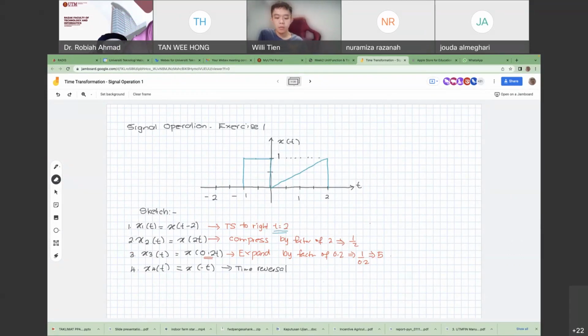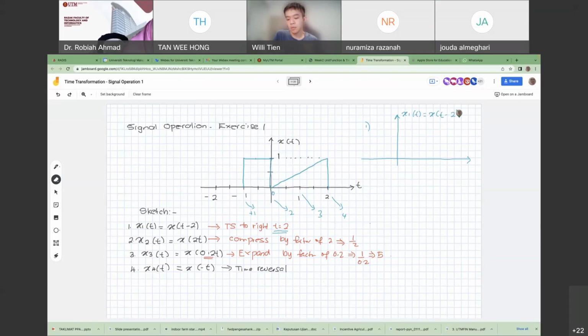So -1 will go to +1, 0 will go to this point, 2, this one will go to 3, this one will go to 2 plus 2, 4. So therefore the first one will be x1(t), which is x(t-2).